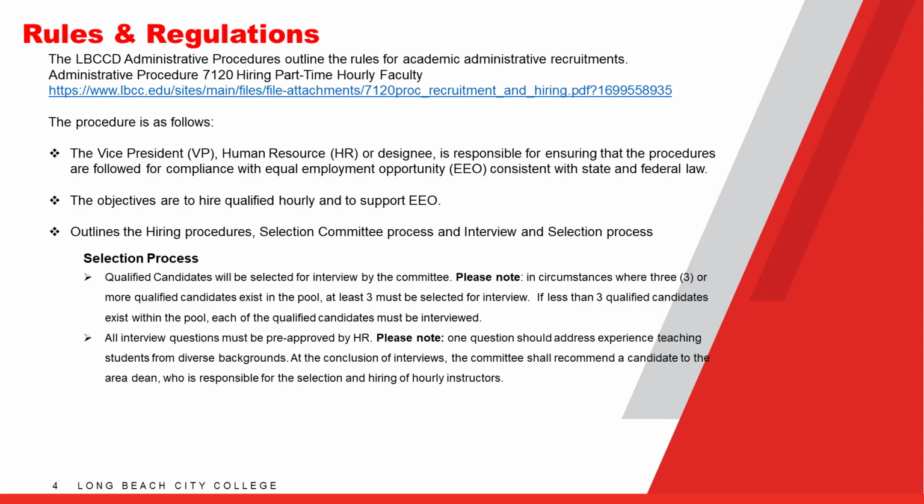Secondly, all interview questions must be pre-approved by Human Resources. At least one of those questions should address experience teaching students from diverse backgrounds. And lastly, at the conclusion of interviews, the committee shall recommend a candidate and present them to the area dean, who is responsible for the selection and hiring.